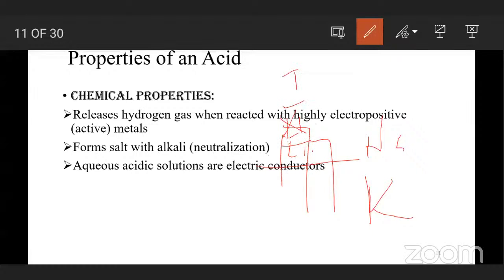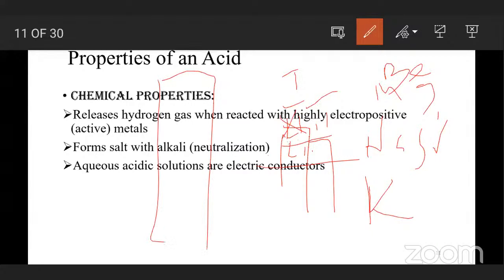In group 2, possibly you have beryllium, magnesium, strontium, and so on. These are metals with high electropositivity, and when you check the activity series, they are typically far above hydrogen in the activity series.